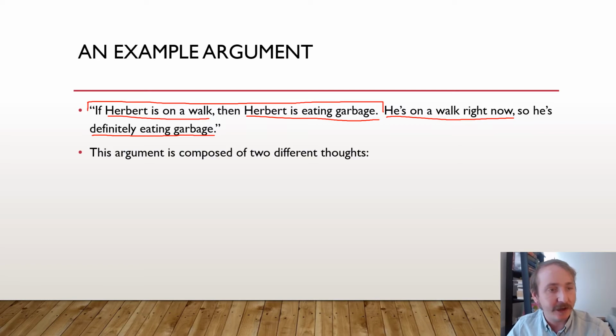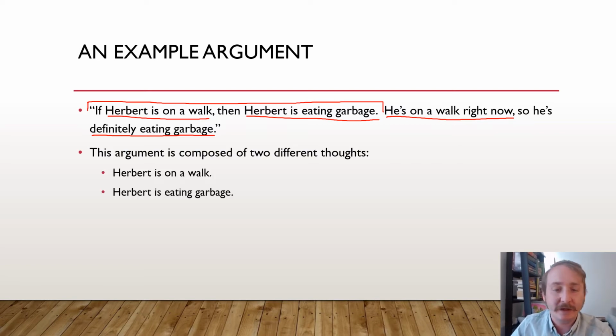So, as I said, it's composed of two simple thoughts. Herbert is on a walk, and Herbert is eating garbage. And notice how one of these things, in fact, this claim that Herbert is eating garbage, is the thing being supported by this other claim that Herbert is on a walk.